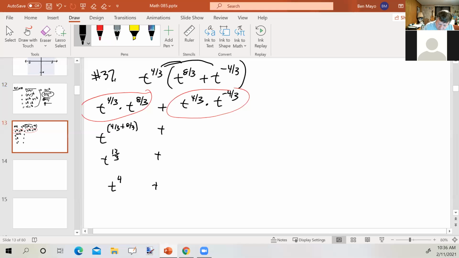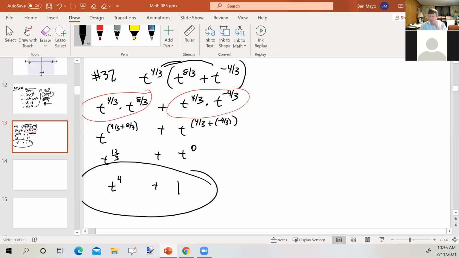The second one would be t to the 4/3 plus negative 4/3, which is t to the 0 power, which is 1. So there is your final answer, t to the 4th power plus 1.